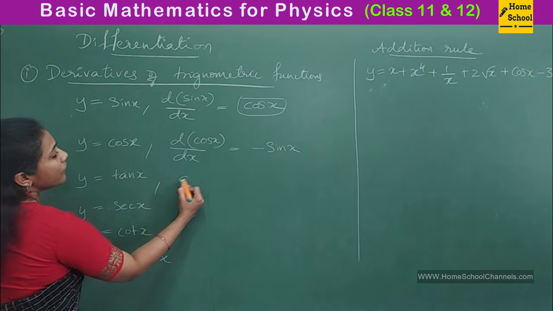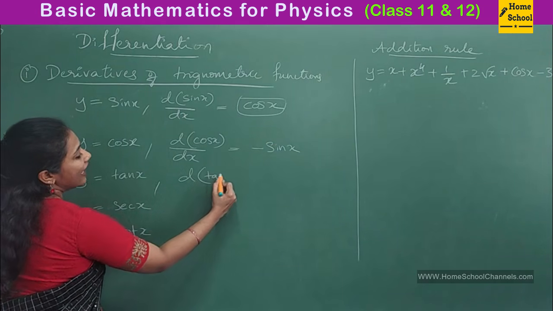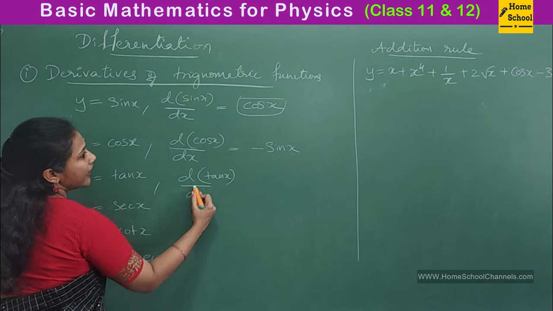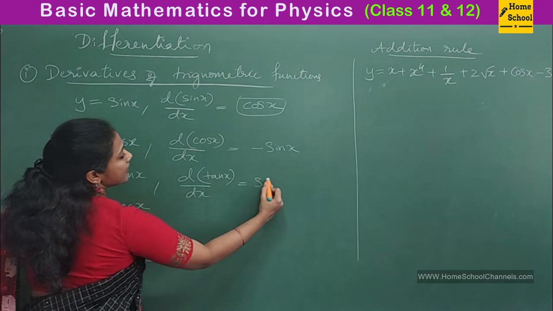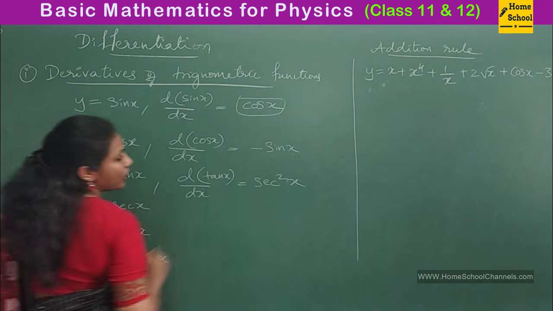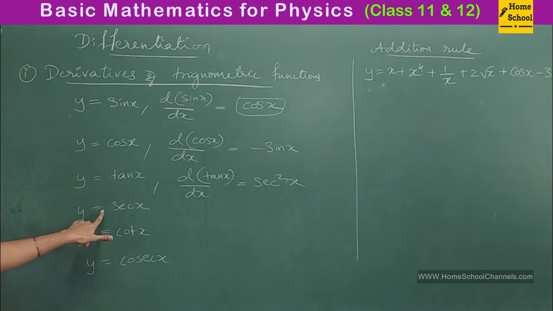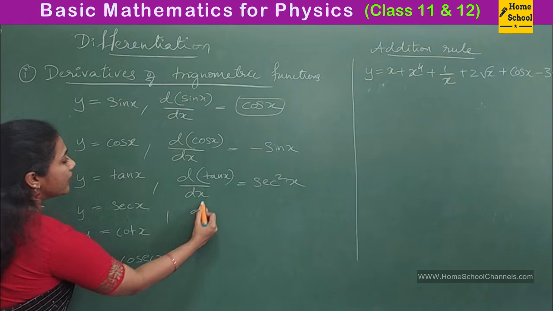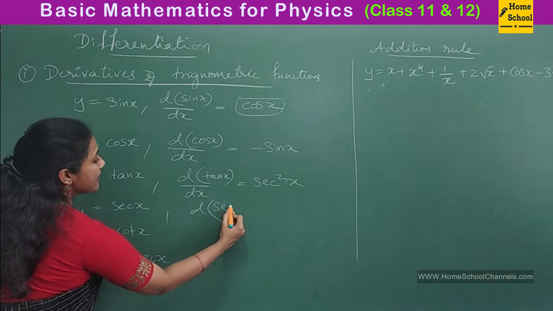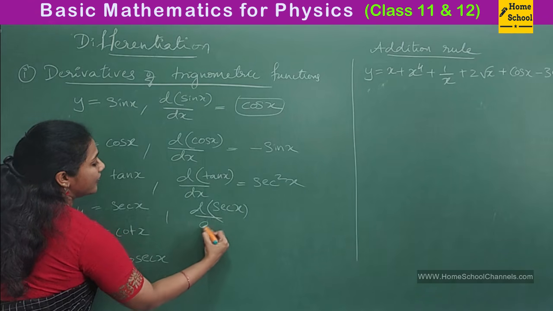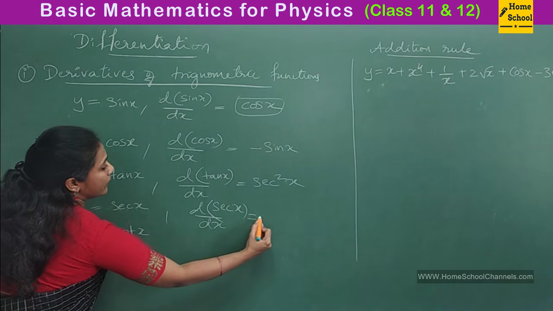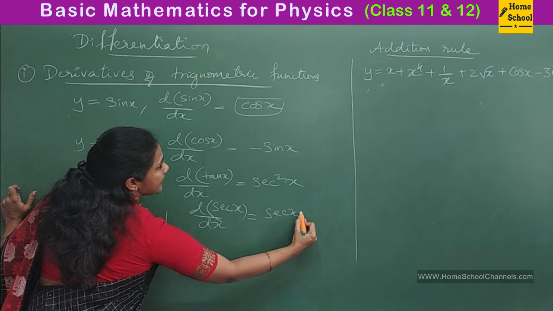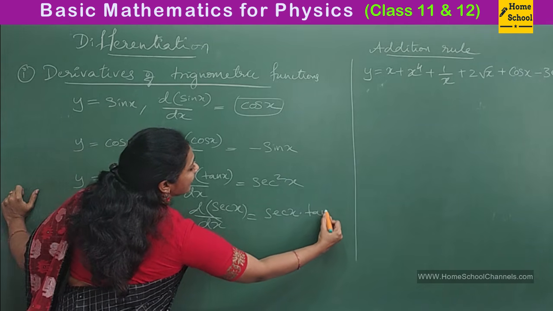Differentiation of tan x with respect to x is sec square x. Differentiation of sec x with respect to x is equal to sec x into tan x.